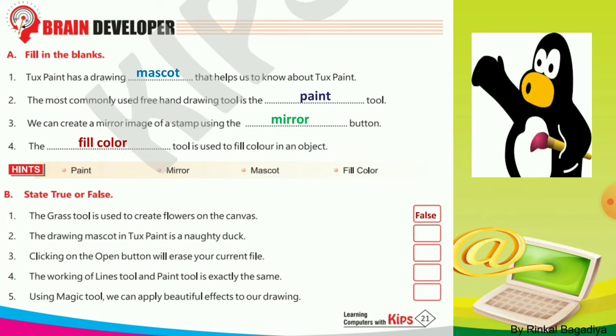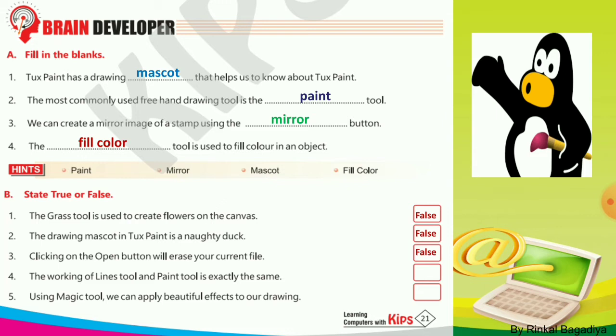Number 2. The drawing mascot in Tux Paint is a naughty duck. In Tux Paint, does the drawing mascot have a naughty duck? No, it is a penguin. So, number 2 is false. So, write in the box false. F-A-L-S-E, false. Number 3. Clicking on the open button will erase your current file. When we click on the open button, it will open our file, not erase. So, it is also false.